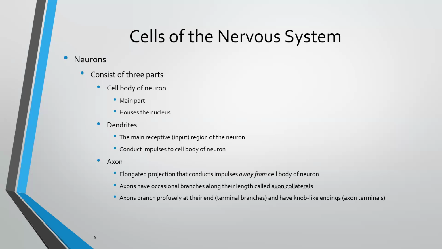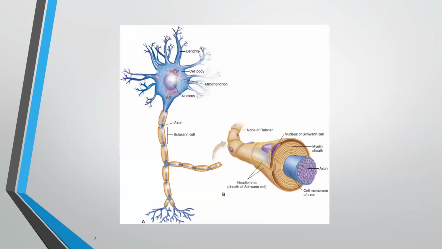So in general, the nervous system includes neurons, which are responsible for transmission signals, and glia cells, which provide support and protection. Neurons have a cell body, dendrites for input, and axon for output. So here is what that cell looks like.